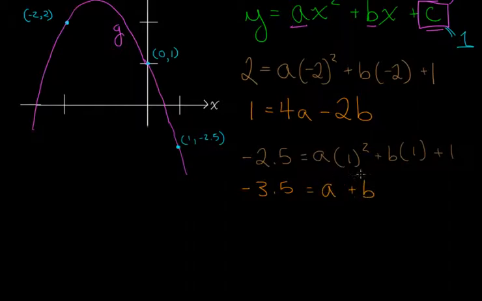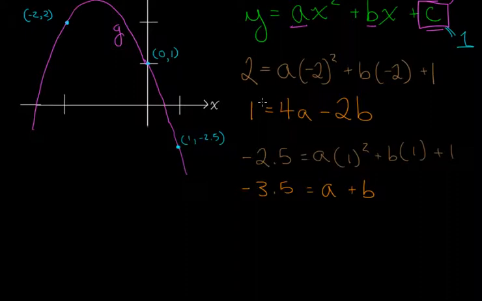Seems pretty easy. So now this is a system of equations. You have a system here and a system here, and you're going to use it to solve for a and b.